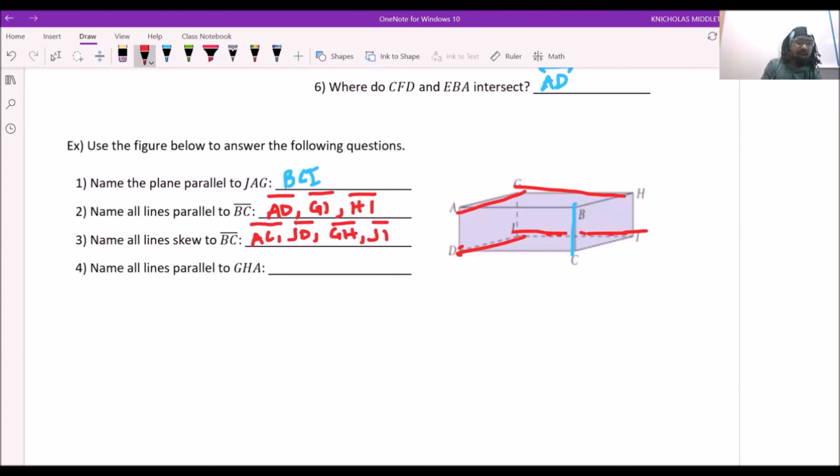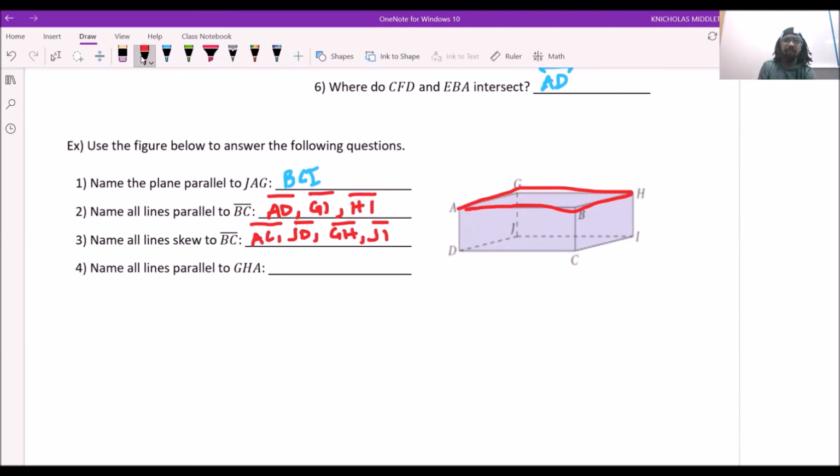And then it says name all lines parallel to GHA. So here they're saying lines parallel, and then they give us a plane. So important for us to realize that GHA is talking about the top of this prism.